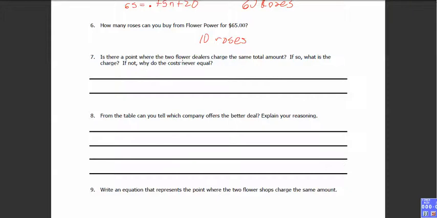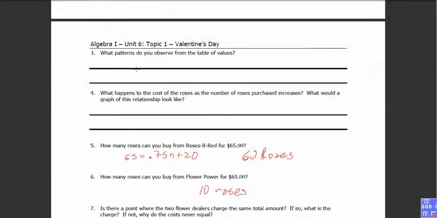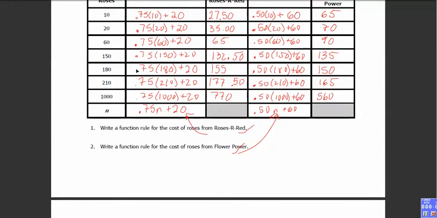Is there a point where the two flower dealers charge the same amount? And we already said that. Yes, they cross at some point, right? It says, what is the charge? Well, we can't really tell that exactly yet. If you pulled it up on your calculator, you might be able to arrow down in a table, and I can show you that later. But here we just say, okay, it looks like here Roses Are Red is cheaper, and there Flower Power is cheaper.